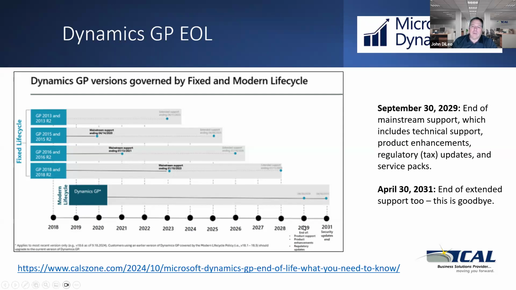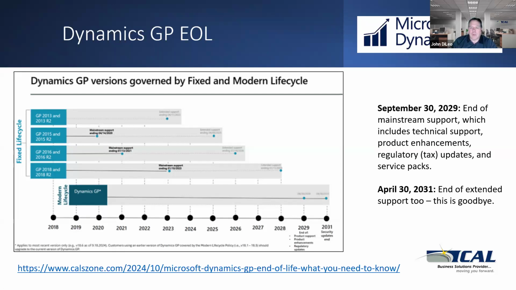The significant year is 2029. They've slated September 30th, 2029 as the end of those updates, so you won't have year-end updates in 2029. For anybody relying on those regulatory updates, you really need to focus on 2028 as the target date after which you'll no longer receive those.